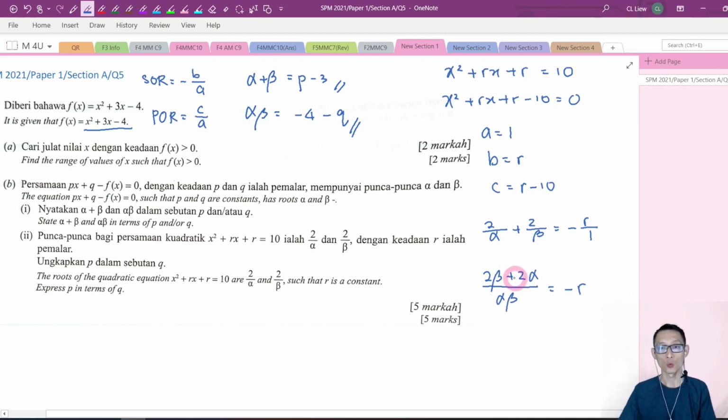Okay, so do we have the value of alpha and beta? Let me do factorization for this part first. Beta plus alpha, alpha times beta. Now, 2. Do we have the value here? Yes, we know this is equal to p minus 3. So how about this one? Negative 4 minus q.